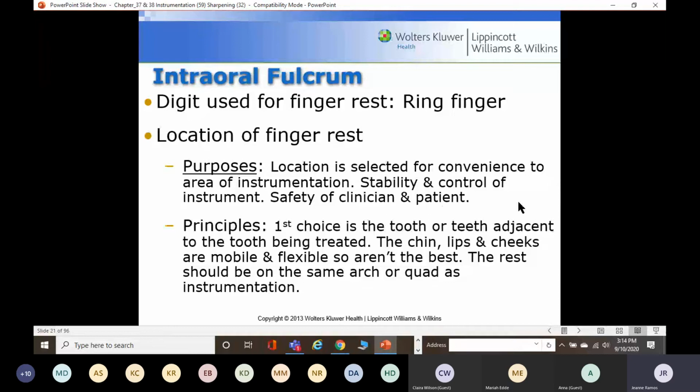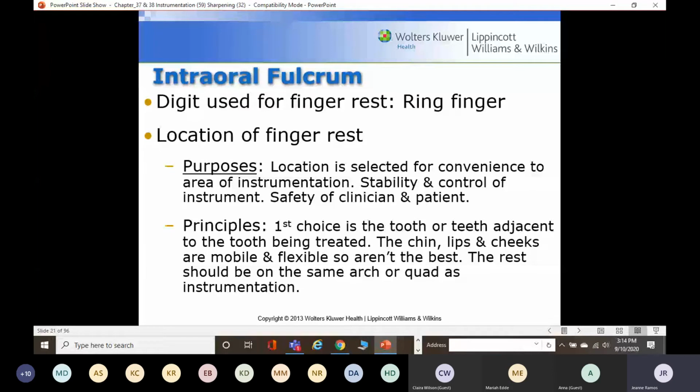I disagree with that. Well, no, I don't disagree with that. I think it's good to figure out both ways in case your patient is minus some teeth or whatever, and you have to use a different either extraoral or intraoral fulcrum on those back molars. But if you have a choice, for your own sake and the sake of your patient, I would go extraoral.